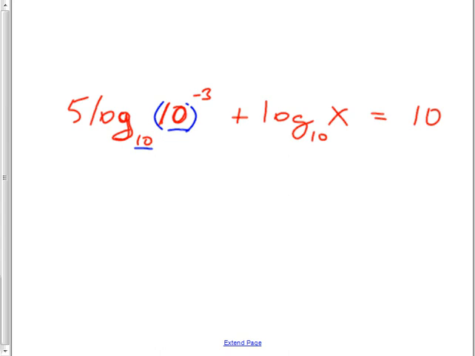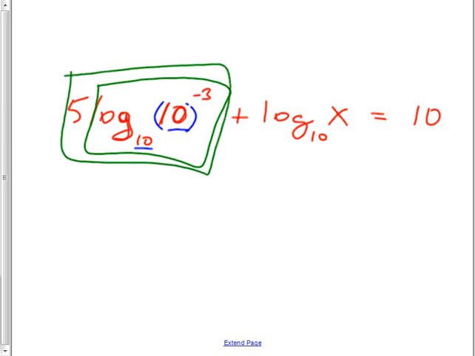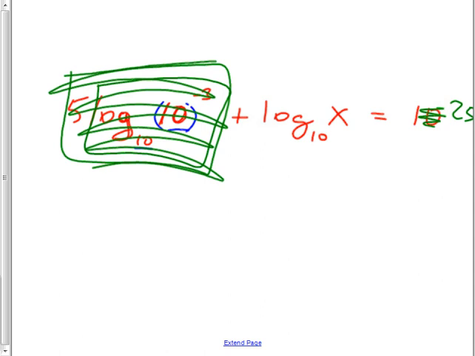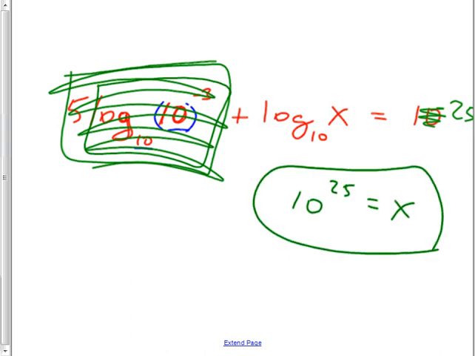First, since the base is the same, I can just take the -3, so this is just -3, and therefore that's -15 if we include that. Yep, there's a 5 over there. So we add 15 to both sides, so 10 plus 15 makes this 25, and now this is all gone. Good. And then I rewrote it, so it was, there you go, 10 to the 25th power.